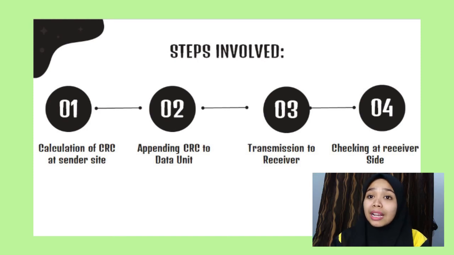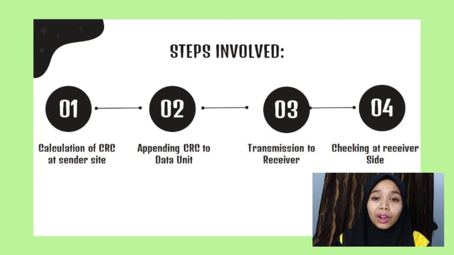First, calculation of CRC at the sender side. In this step, we will get the CRC remainder. Next, the second step, appending CRC to the data unit. The third step, transmission to receiver. And the fourth step, checking at receiver side.